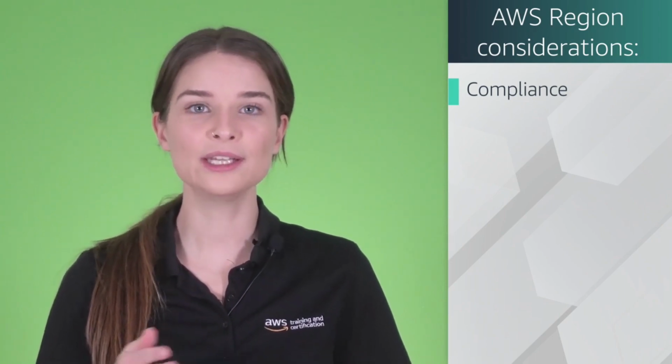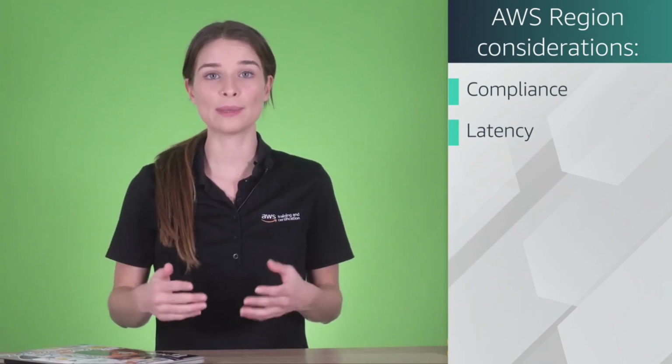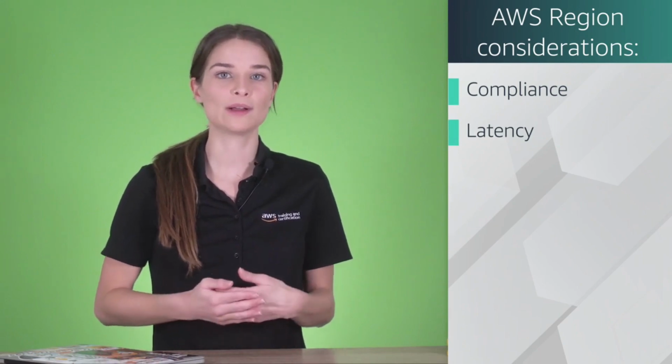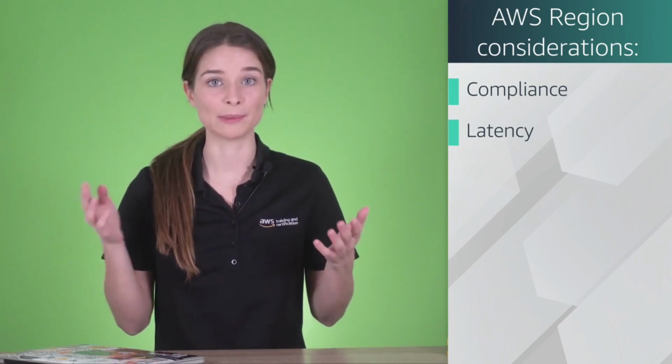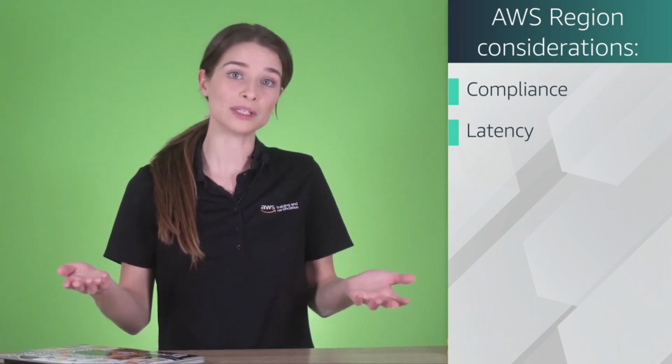But if you don't have a compliance or regulatory control dictating your region, then you can look at the other factors. For example, our employee photos are not restricted by regulations, so I can continue looking at the next factor, which is latency. Latency is all about how close your IT resources are to your user base. If I want every employee around the world to be able to view the employee photos quickly, then I should place the infrastructure that hosts those photos close to my employees.